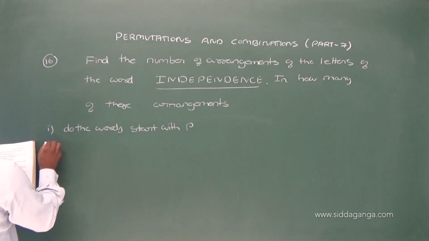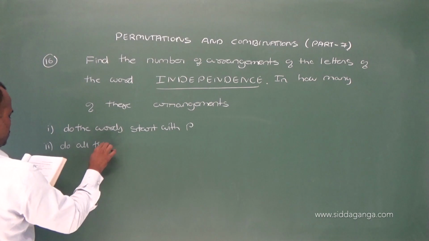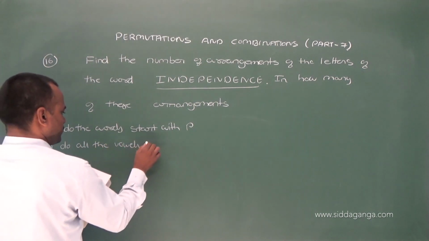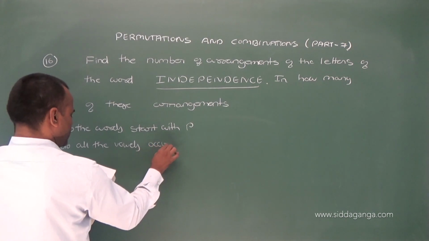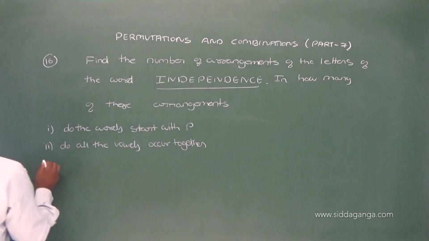Question number 2, do all the vowels occur together? Always occur together means occur together.